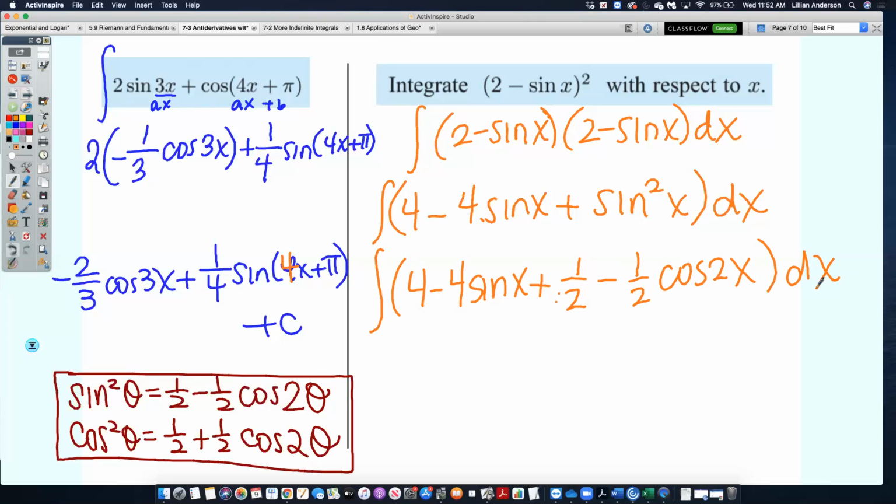Okay. So now I want you to take the rest of the problem and actually get my antiderivative now that I've helped you through to get to that point.